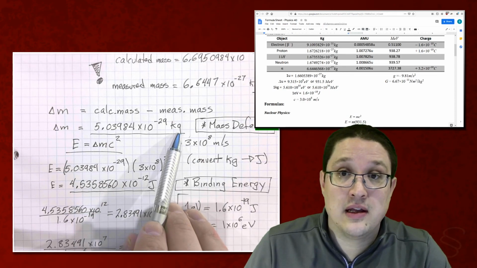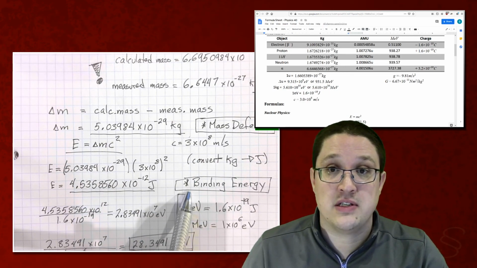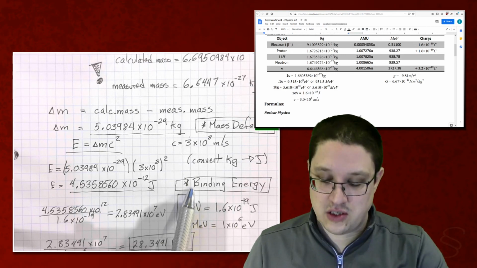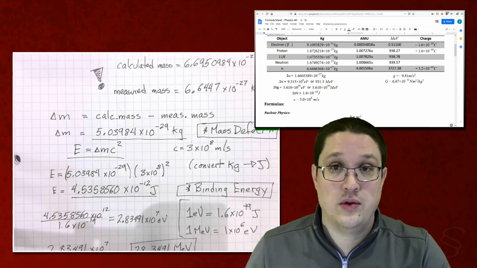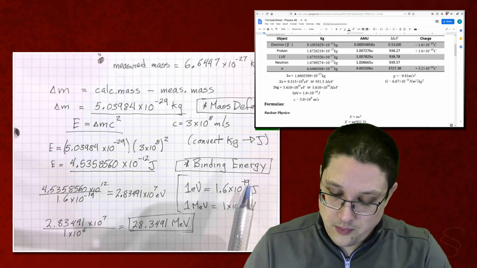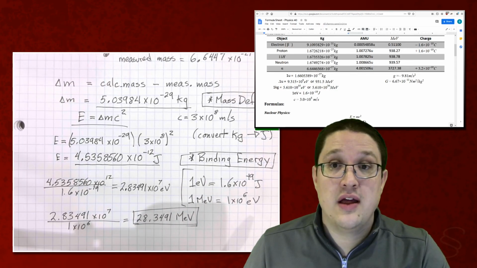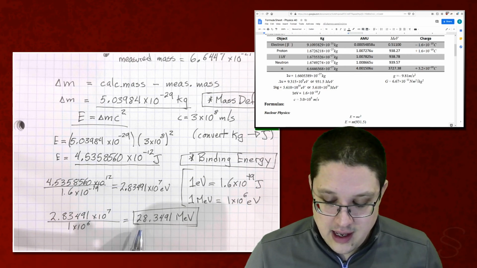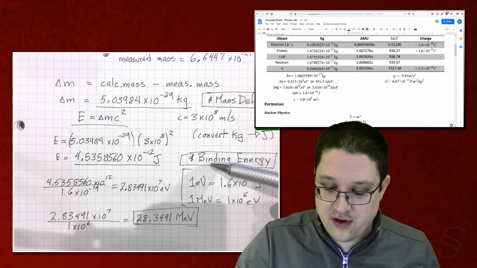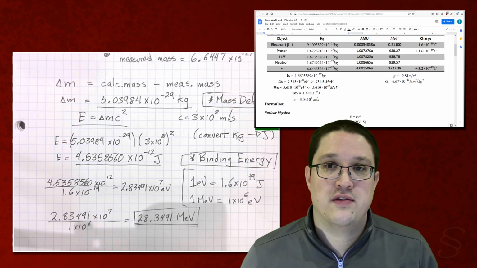If I have it in kilograms, I can convert it into joules by using E equals mc squared. If I have it in atomic mass units, I can convert it into MeV. We'll do that formula tomorrow. Once I find my binding energy, that's the energy that is holding this nucleus together. And I can convert that from joules to MeV or back again if I'd like, using these conversion factors here.